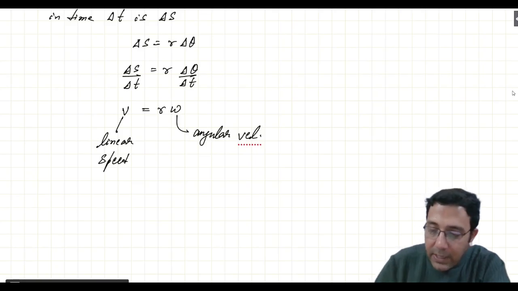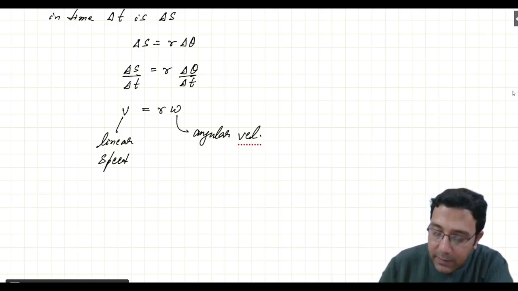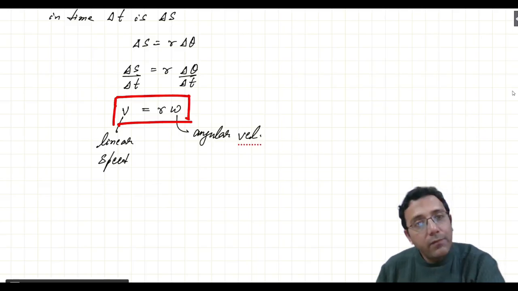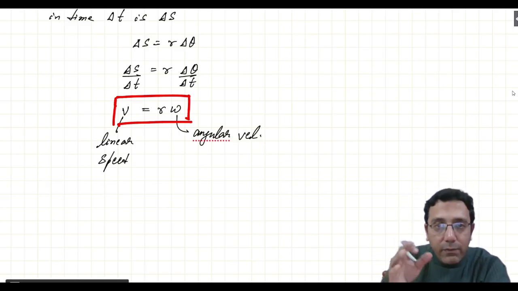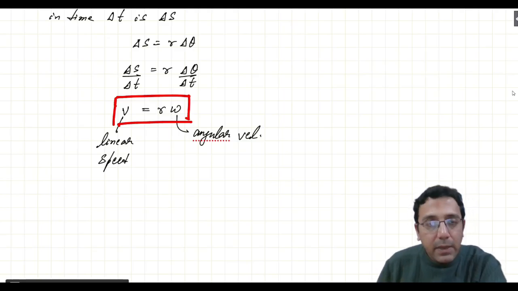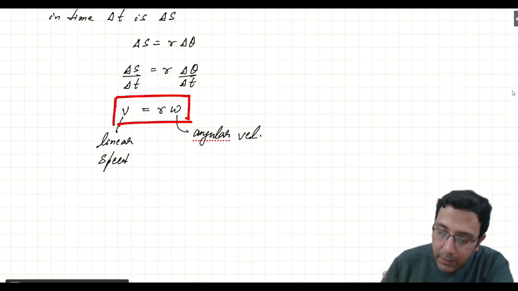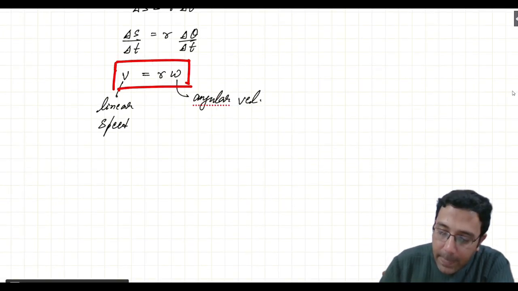So v equal to r omega. This is a very important finding. V is the linear speed. We are just correlating linear with the angular.